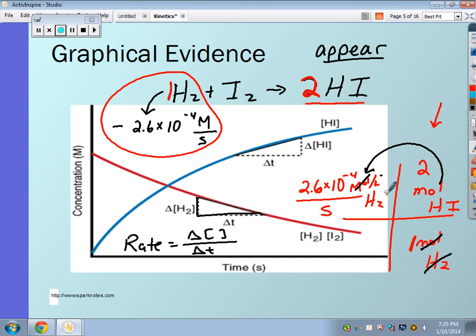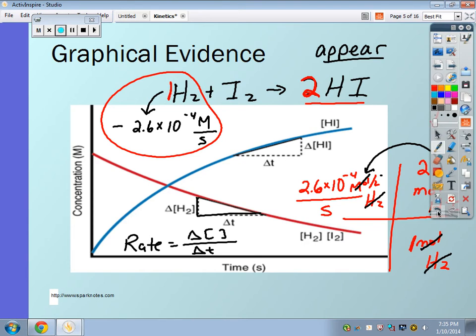My hydrogen goes away and I'm left with hydrogen iodide. So if you look, get rid of this mess, what happens?